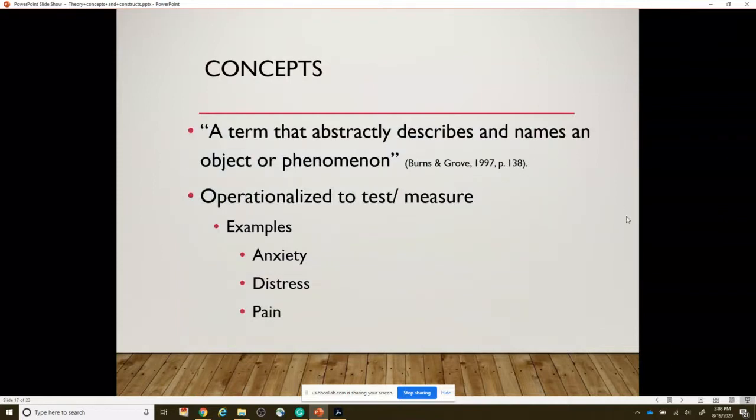Now, a concept abstractly describes or names an object or a phenomenon. Examples of concepts would be anxiety, distress, pain, resilience, quality of life. All of these things can be considered concepts because they are broad ways of looking at a phenomenon.